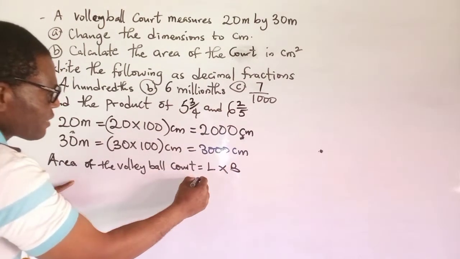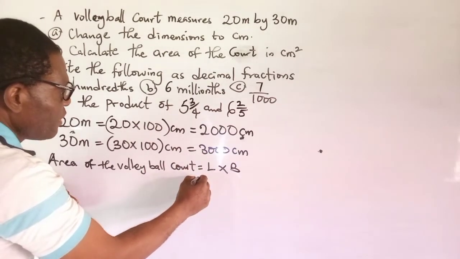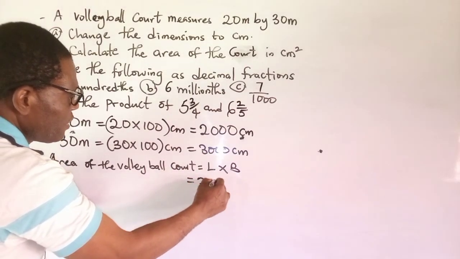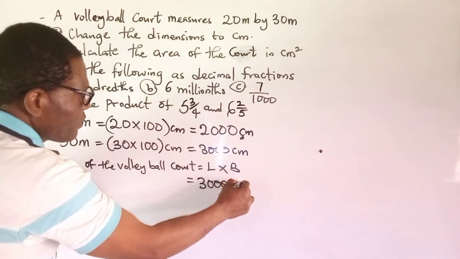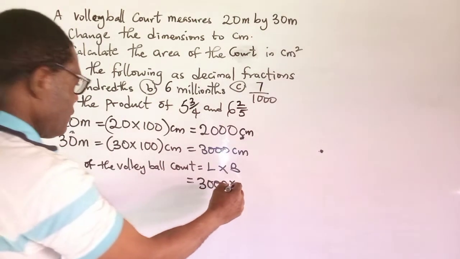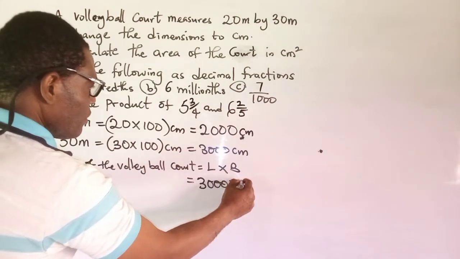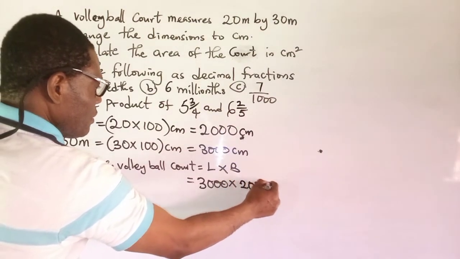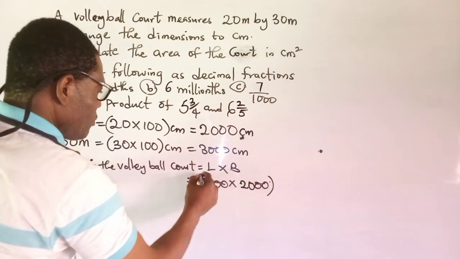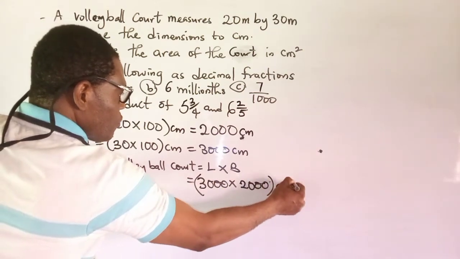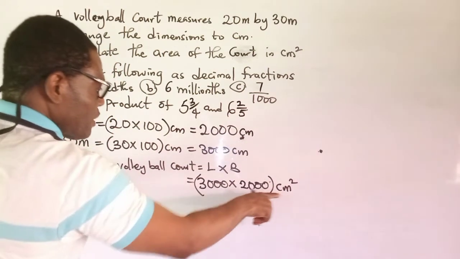You multiply that. We have 3000 times 2000, and that will give us centimeter square, because centimeter and centimeter will give us centimeter square.